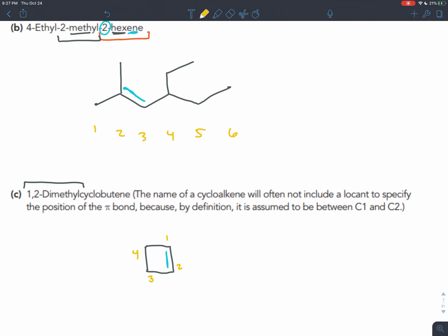And we have 3 and 4 going clockwise there. So off of carbon number 1 and 2, so that's going to be off of here and here, we're going to have our branches, and the prefix for these branches is meth. That means that there's going to be 1 carbon in the branches. So 1 carbon branch, 1 carbon branch. That is 1,2-dimethyl cyclobutene.